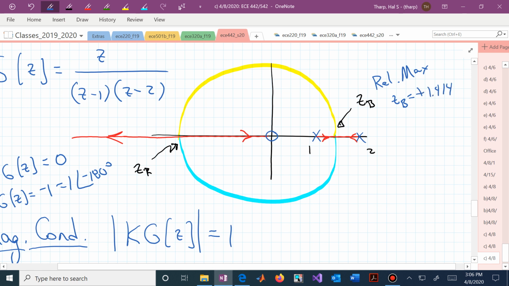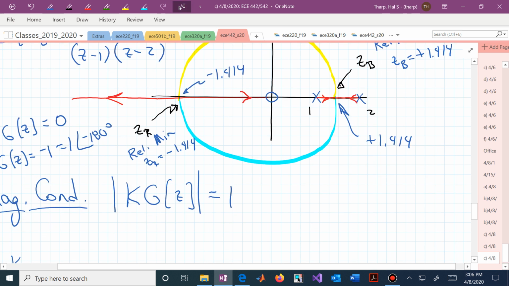This relative min is our reentry, and that's now z sub r is equal to minus 1.414. So we re-enter the real axis at minus 1.414. We break away at plus 1.414, and look at what the square root of 2 actually is.